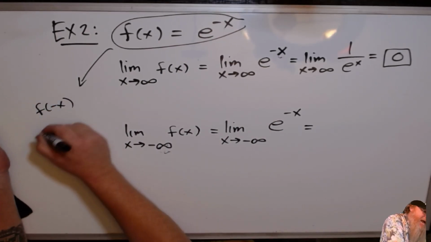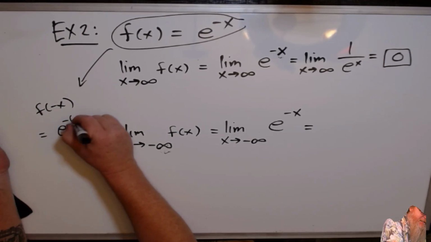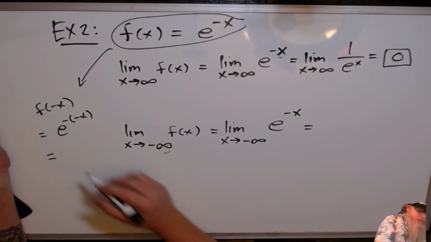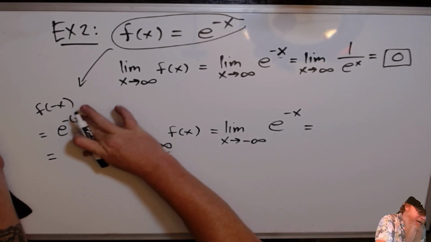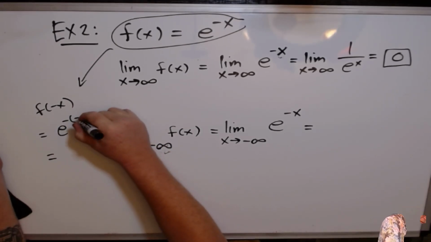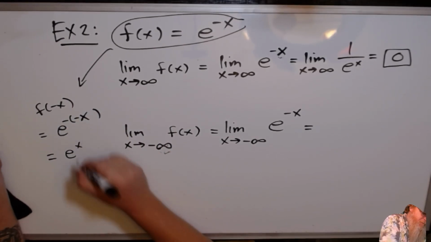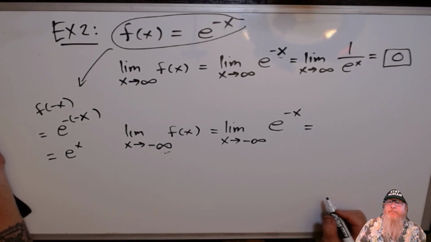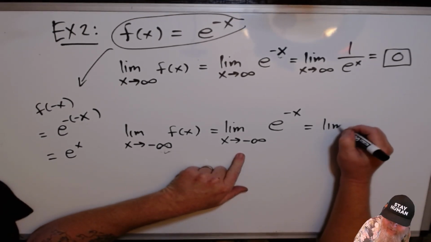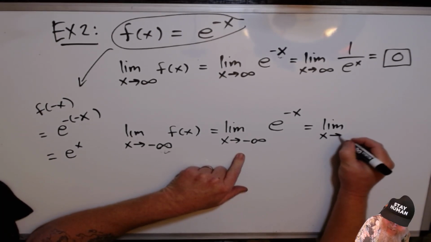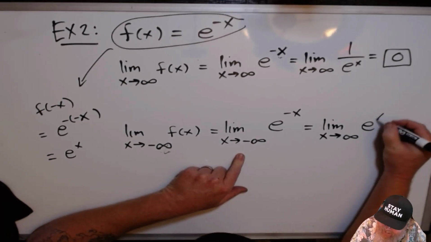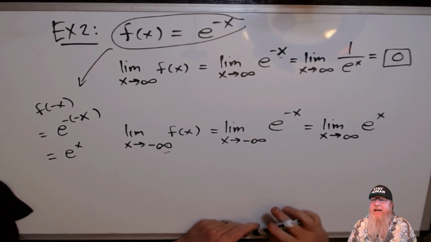So f of negative x is e to the negative negative, that's a double negative, which goes back to just e. So that means this becomes the limit as x goes to positive infinity of just e to the x.